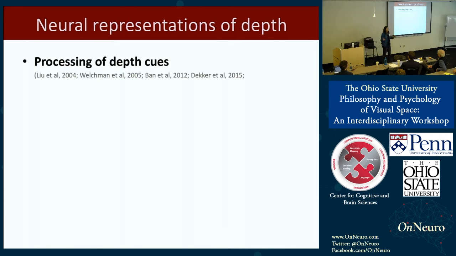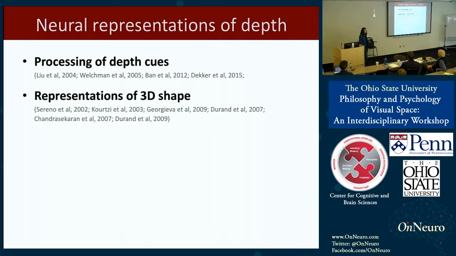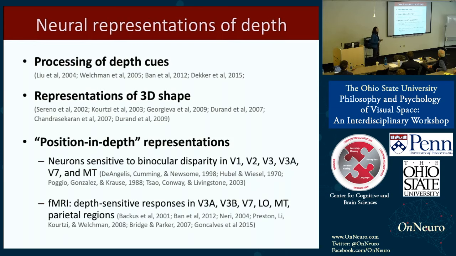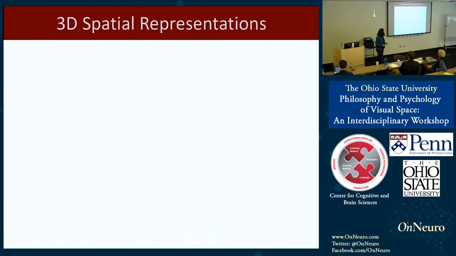There are plenty of studies in animals and in humans looking at how we process those different depth cues and how they get integrated, representations of 3D shape in the brain, and even some of these more spatial representation type studies, so looking at the spatial aspects, so position and depth, and how different depth positions and locations might be represented in the brain on both the neural level and fMRI. But all of these still fall short of what I think we would consider the testing of three-dimensional spatial representations.